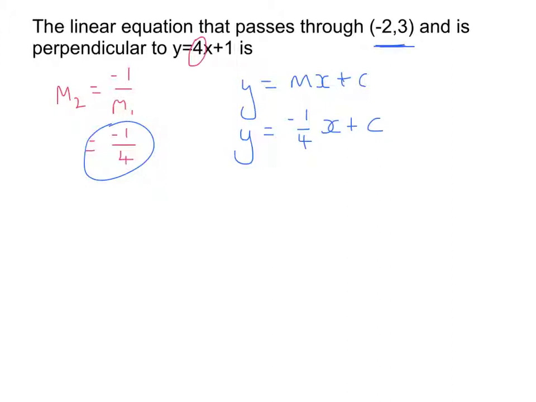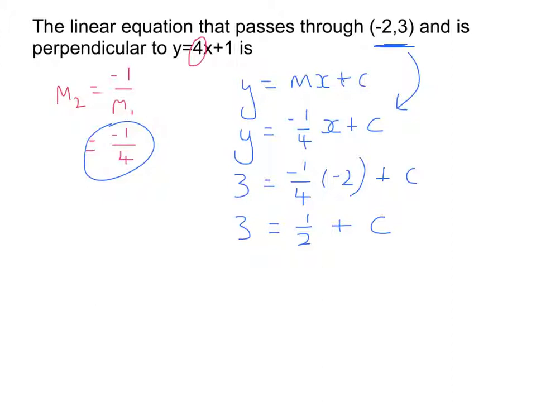We then get these coordinates and substitute them in. So, substituting y equals 3, 3 is equal to negative a quarter of negative 2, which is our x value, plus c, or 3 is equal to negative a quarter of negative 2, which is equal to a half, plus c.